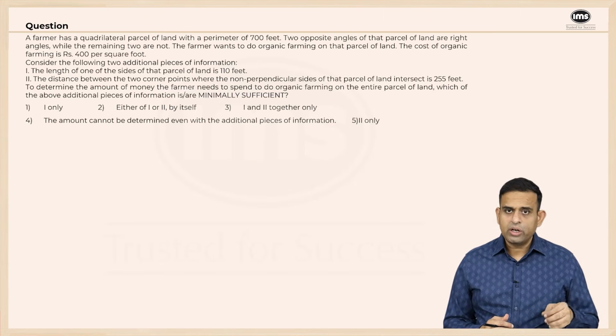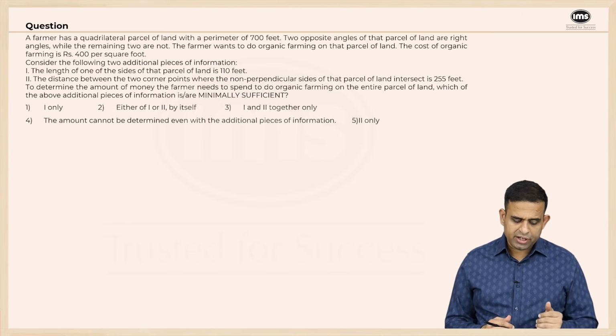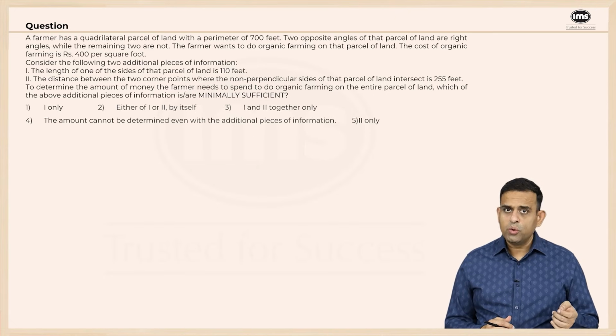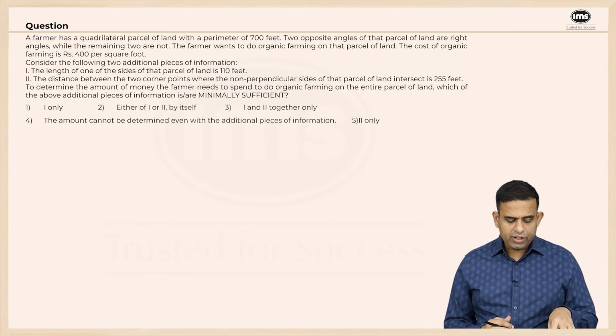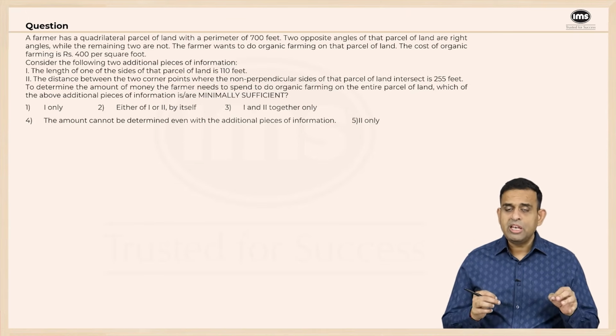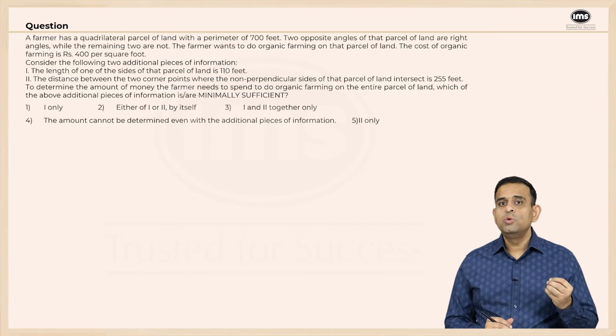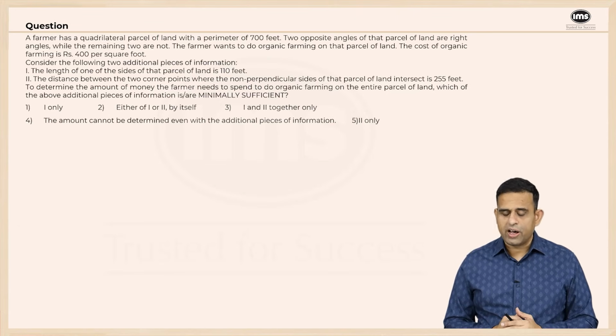And they've given you two additional pieces of information, statement number 1 and statement number 2. They are saying, to find out the amount of money the farmer needs to spend to do organic farming on the entire parcel of land, which of the following additional information is minimally sufficient, which means you need to use it for sure to find out the amount he needs to spend on the organic farming.